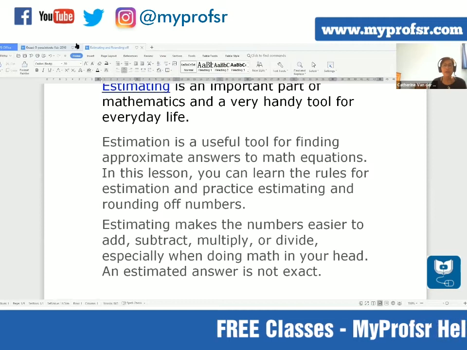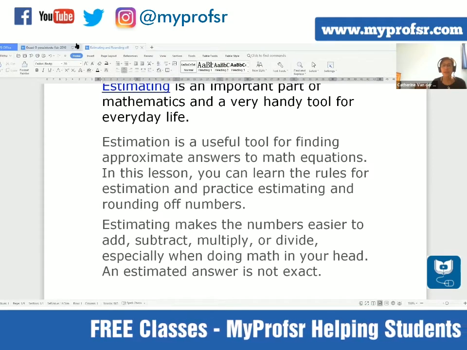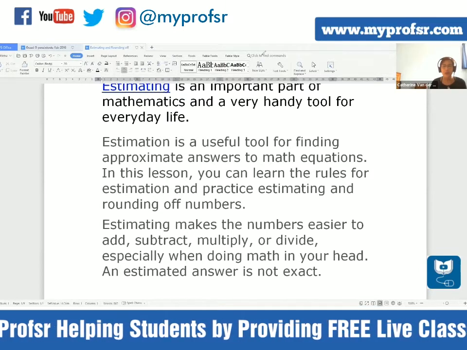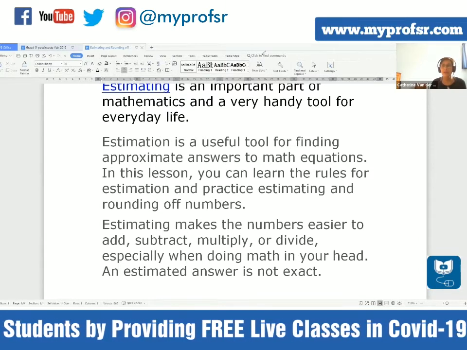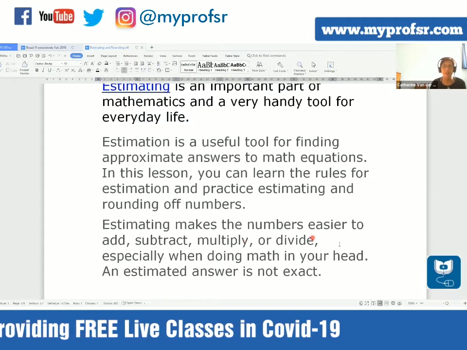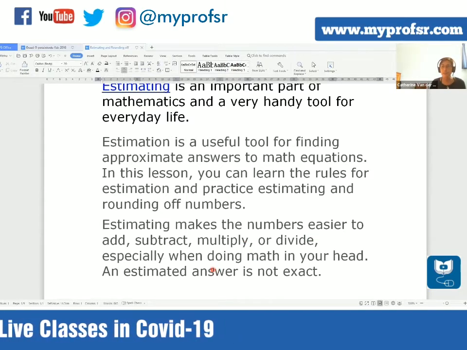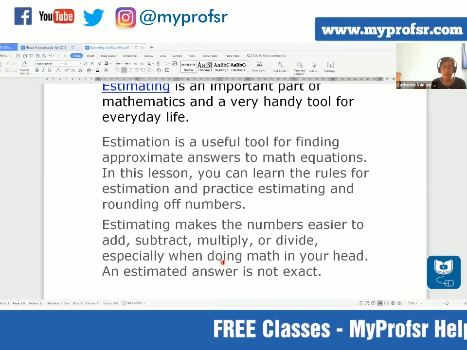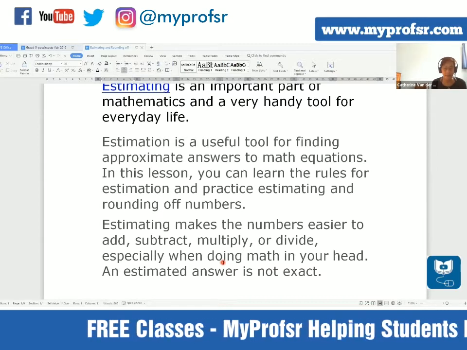Now, estimation makes it easier for us to add, to subtract, to multiply or to divide, especially when we're doing mental arithmetic. Of course, if we're estimating and rounding off, we're not going to get the exact number.